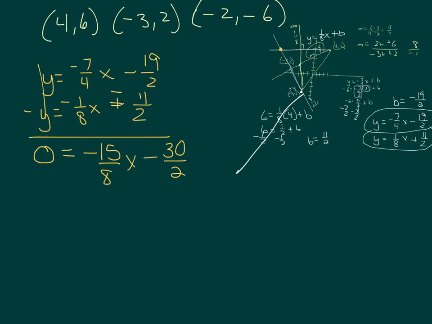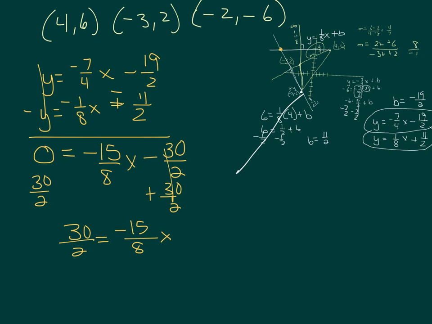So if I add 30 halves to both sides, that'll give me 30 halves equals -15/8 x. Now I'm ready to multiply by the reciprocal to get x by itself.